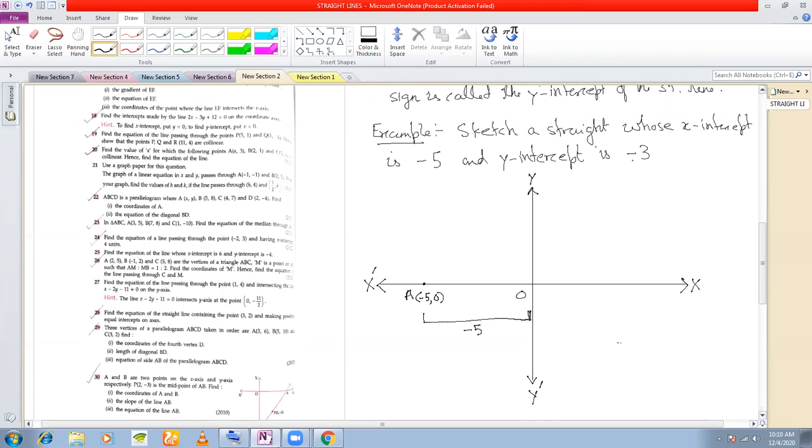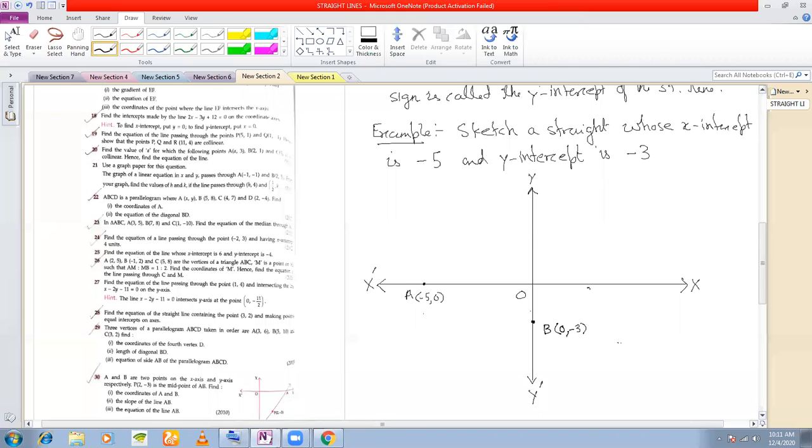And now y-intercept is -3, so y-intercept is again negative here, right? So that means we have to take y in the negative direction. That means from the origin, we move in the negative direction 3 units, call this point B. So this point will be 0, -3.